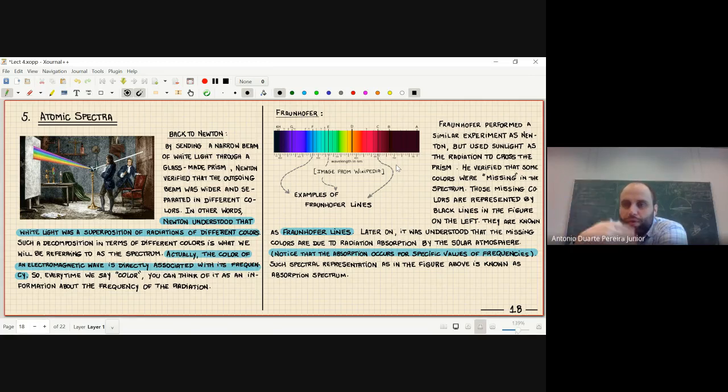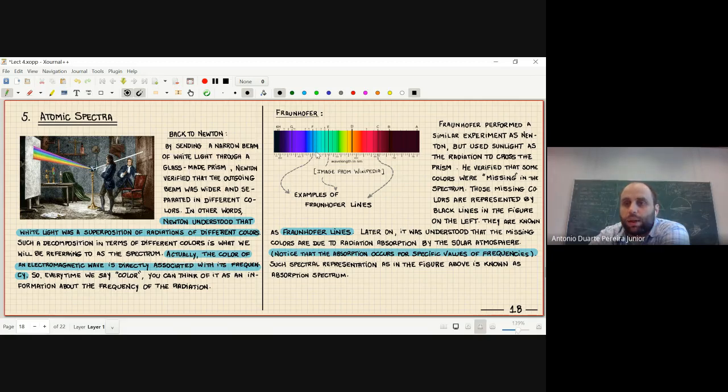You see that here is the limit of the visible spectrum, so our eyes are not able to detect all colors, all frequencies. And from here to here, you have these black lines, these dark lines in particular spots. So for very well-defined wavelengths or frequencies, when Fraunhofer passed sunlight through a prism, there were dark lines.